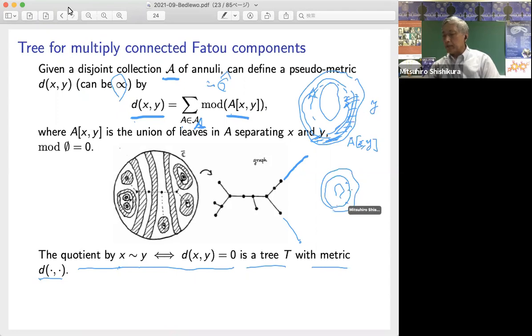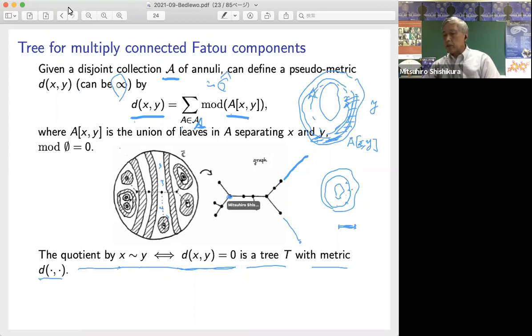So the distance will be 0. So within this annulus, each leaf is identified. And essentially after the identification, you're going to get a segment. If you take a point in the complementary component, everything in this component will be identified. So you create some kind of vertex.